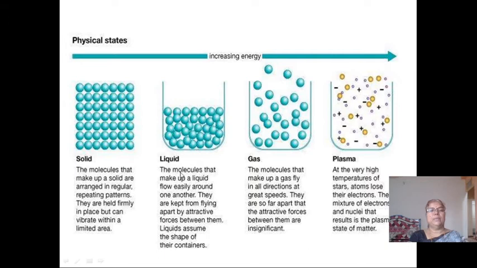Then, in case of liquids, here liquids flow easily around one another. They are kept from flying apart by attraction forces between them, and the liquids can have any shape in which we contain that liquid.